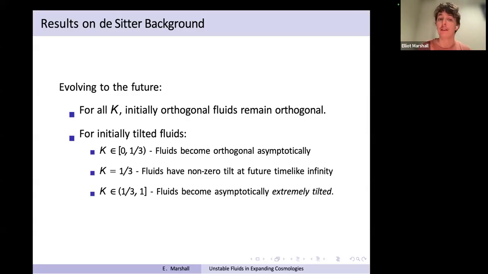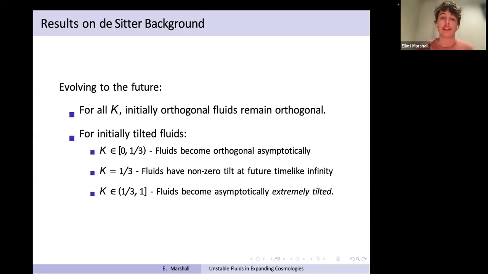However, if my fluid has initial tilt, then its asymptotic behavior is heavily dependent on the value of the sound speed k. For k between 0 and 1/3, these tilted fluids become orthogonal asymptotically. So the tilt dies out at future timelike infinity. At k equals 1/3, a special case called the radiation fluid, if my fluid has non-zero tilt initially, it keeps this non-zero tilt.